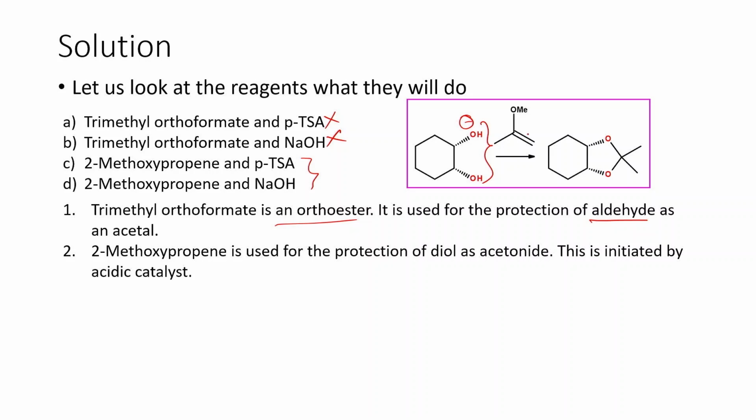And we have an alkene, which is again electron rich. So we have 2 systems: one is an electron rich alkene, and the other is an anion in the presence of base. So both will repel each other. In other words, a base cannot be used to initiate this reaction. So that is completely ruled out.